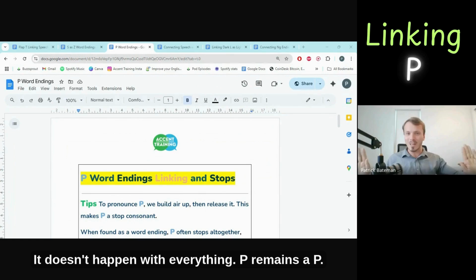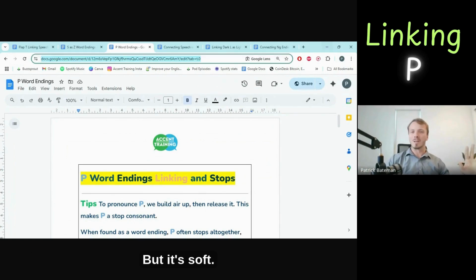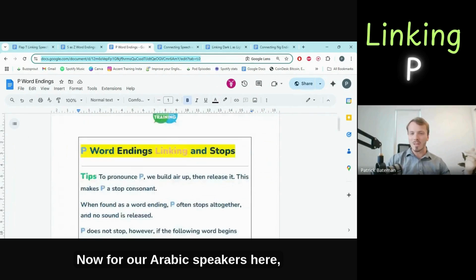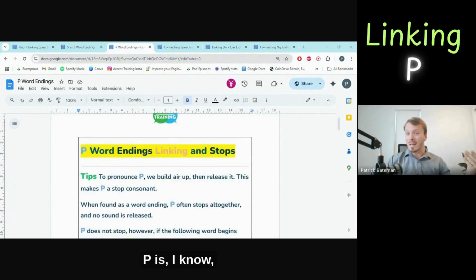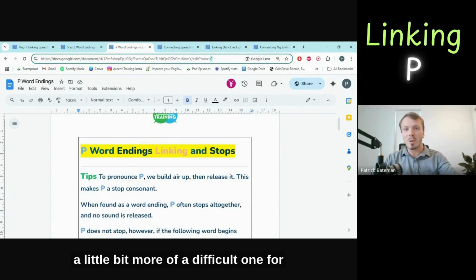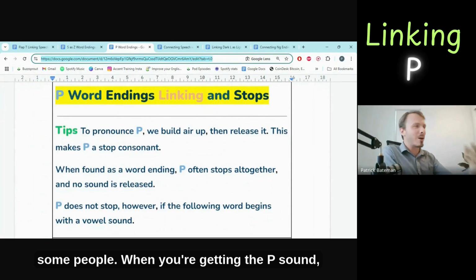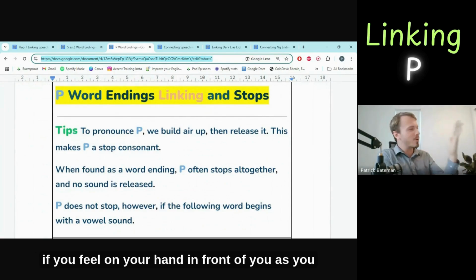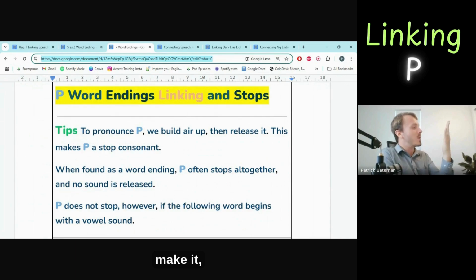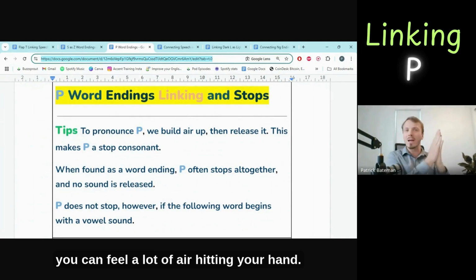P remains a P, but it's soft. Now, for our Arabic speakers here, P is, I know, a little bit more of a difficult one for some people. When you're getting the P sound, if you feel on your hand in front of you as you make it, you can feel a lot of air hitting your hand.